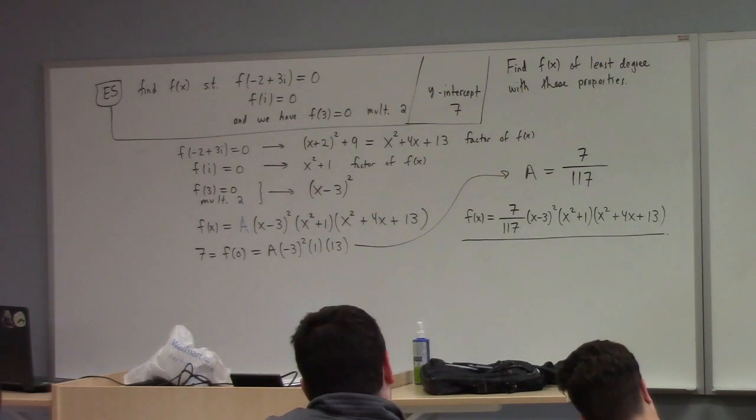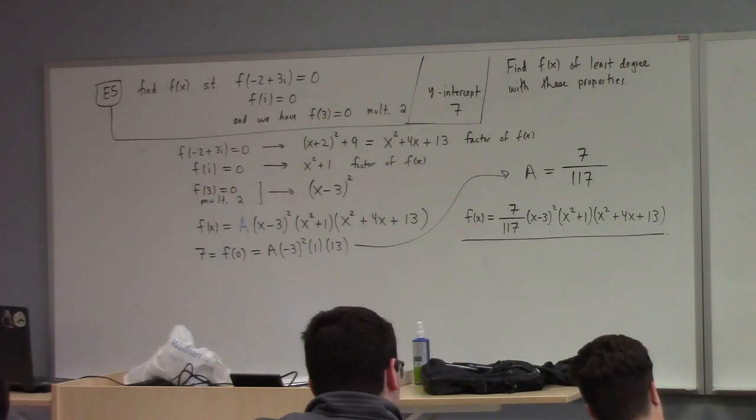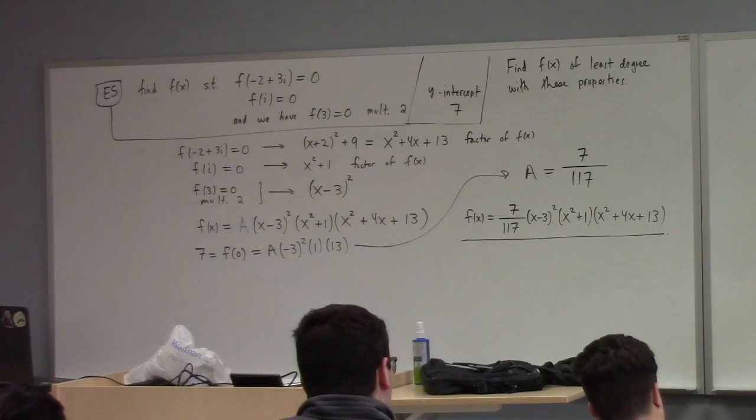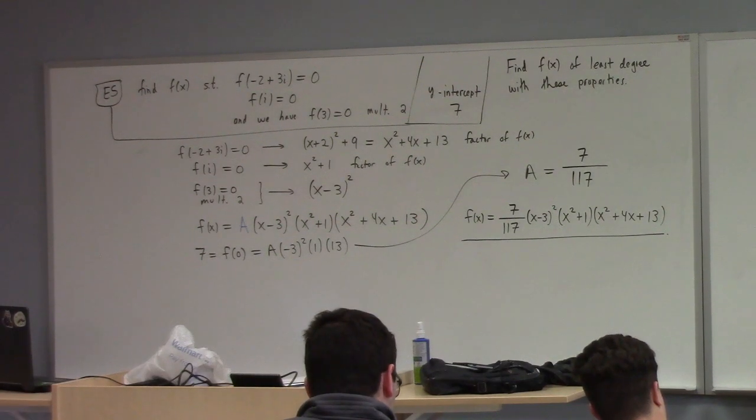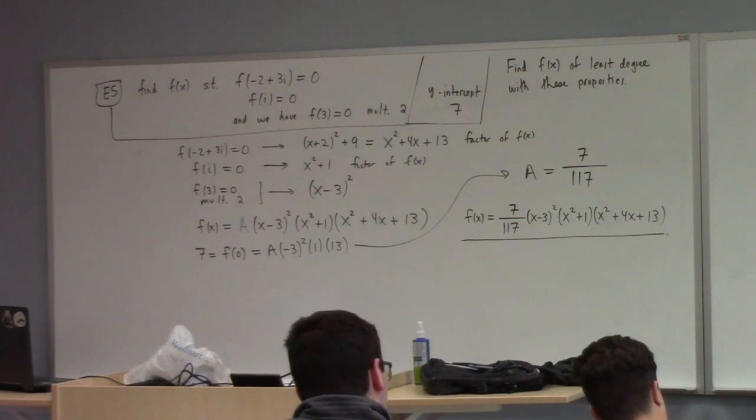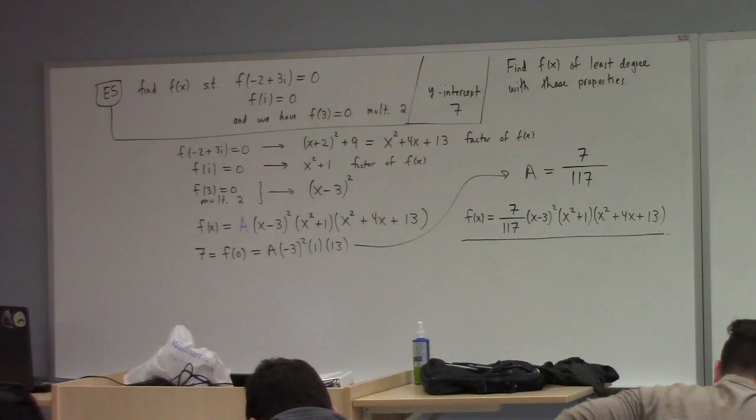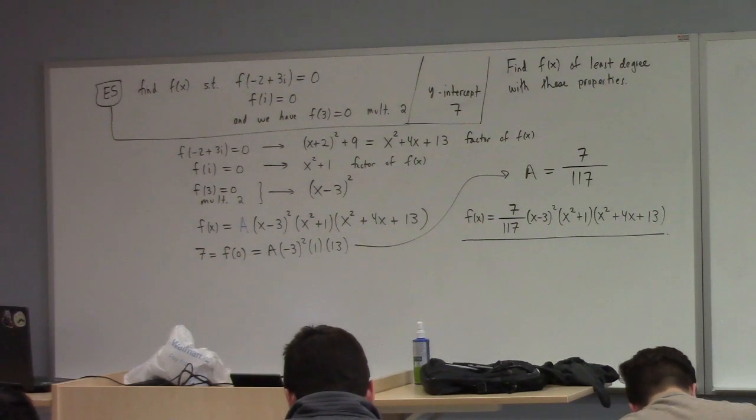The big picture of the graph is important, which is either x to the even or x to the odd, based on the leading term.